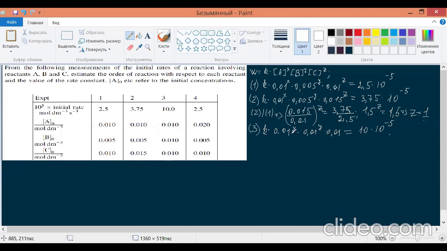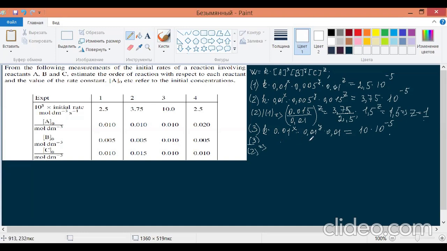Let's divide the third by the second. If we divide the third by the second, these two k's will cancel each other. This term is absolutely the same as this one, so they will cancel each other.